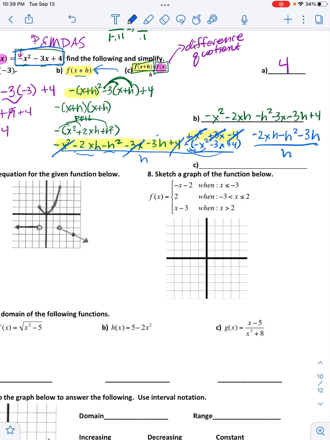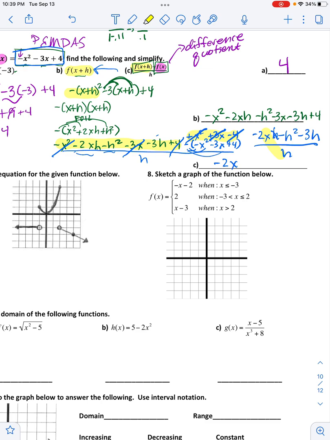So I can pull an h out of there. When I do that, and I'm not going to actually draw it, mostly because I just ran out of space, but think about this. You're going to pull an h out of each of these, so basically cancel one out from each term. So if you divide this first part by h, you're going to be left with just negative 2x because that h will cancel out.